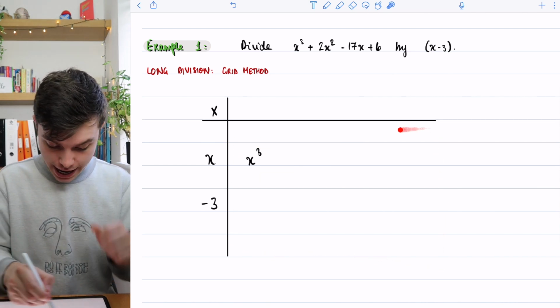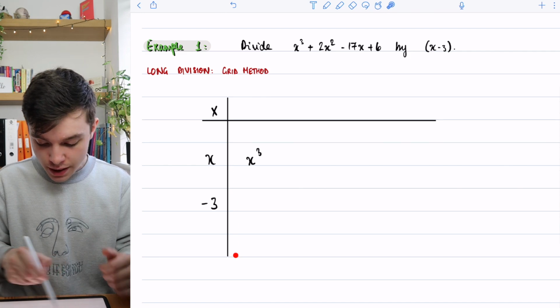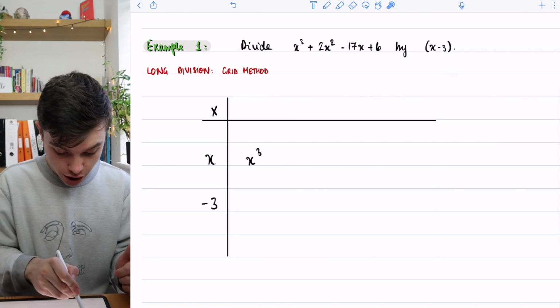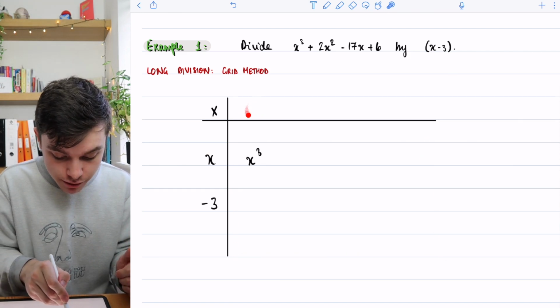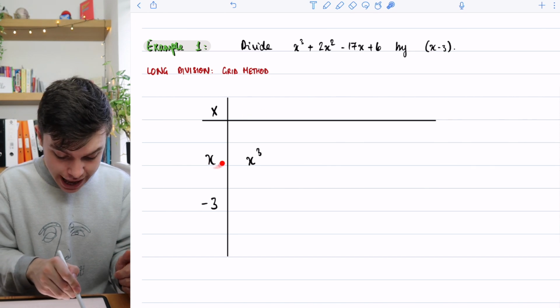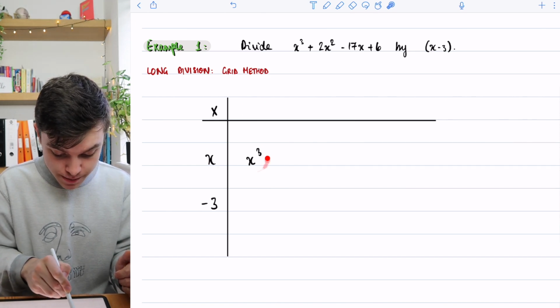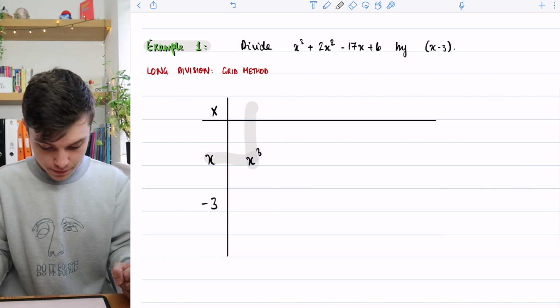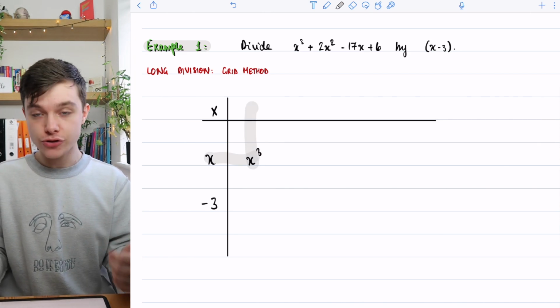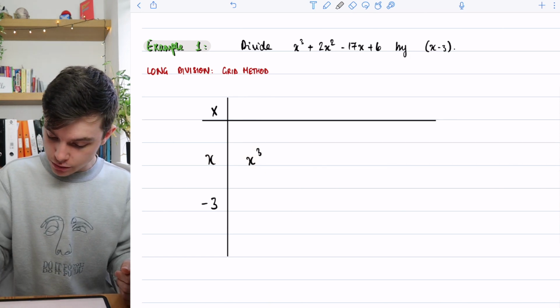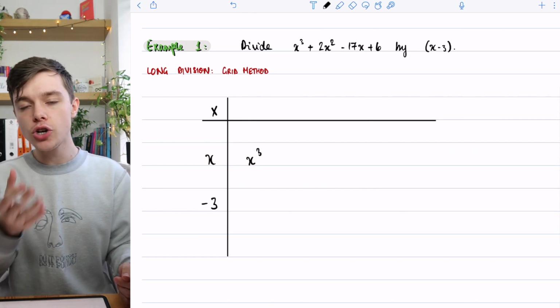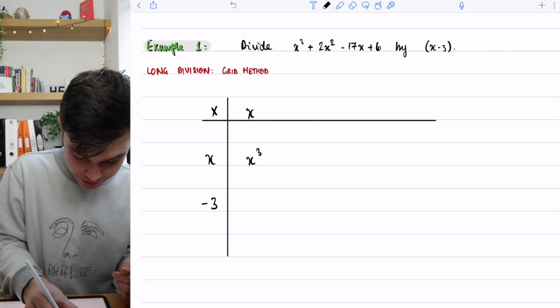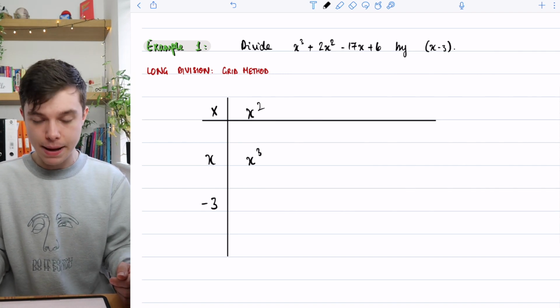What goes here is kind of like the answer to the product of x and whatever I'm going to put here. So x times something gives me x cubed. Whatever we multiply x by to give x cubed, that's x squared. So x squared is going to go there.